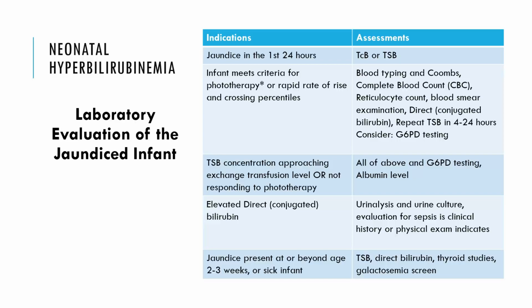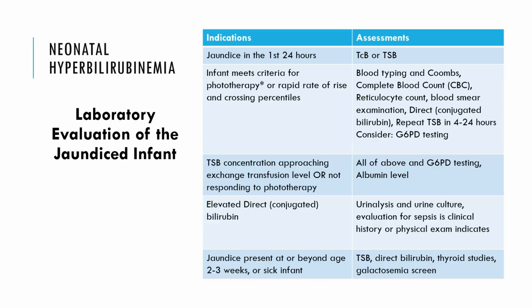We're checking to see if the bone marrow is just kicking those out like nobody's business. If it's really high, it can be an indication that baby's really anemic. And then we just want to get a direct to make sure that we're going to treat this baby with phototherapy. Is it really an unconjugated hyperbilirubinemia? Probably, but you always want to check.